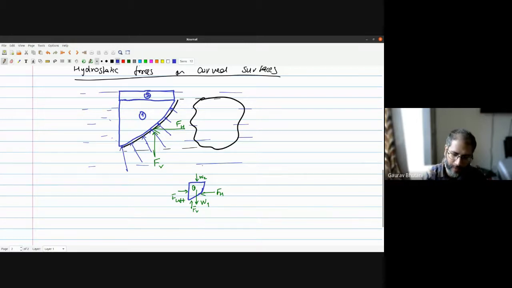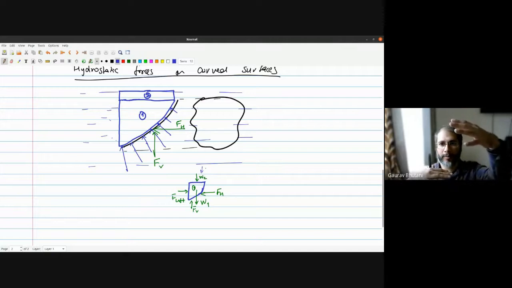Then you have W2, which again is a surface force because that's applied in the top surface because of the weight of the fluid above it. But that's okay, it's acting on a surface. It's a surface force. And then finally, you have W1, which is a body force because it acts on the mass of the liquid contained or the fluid contained in this imaginary volume.